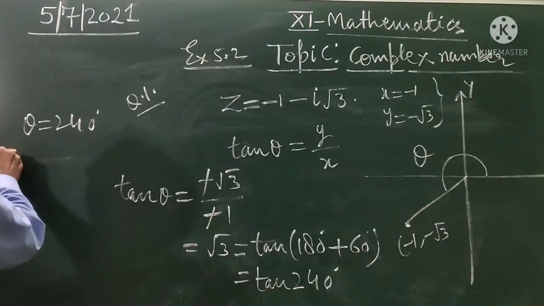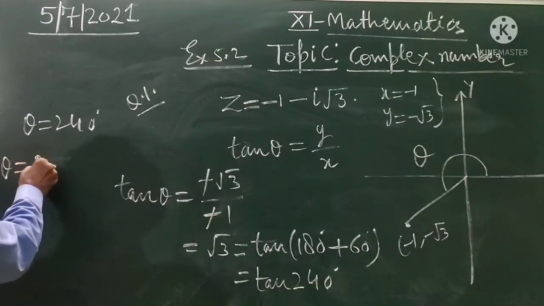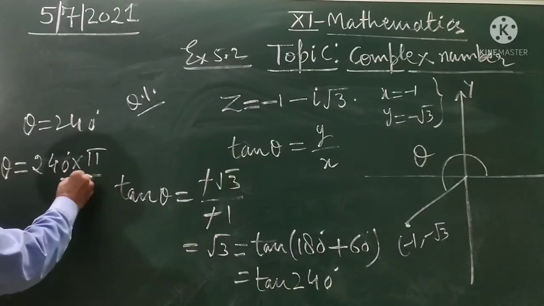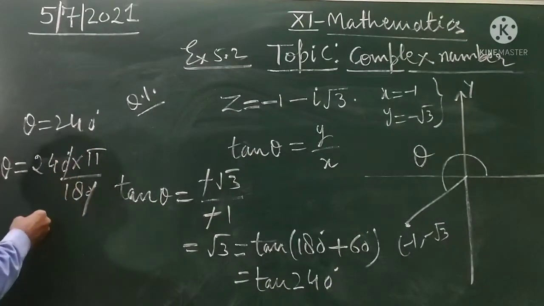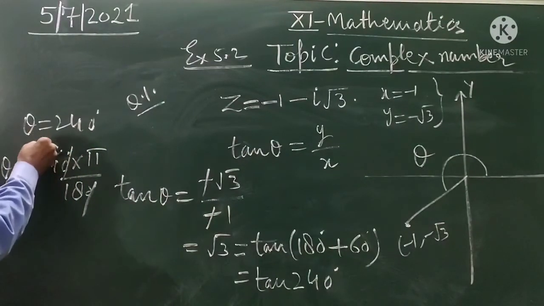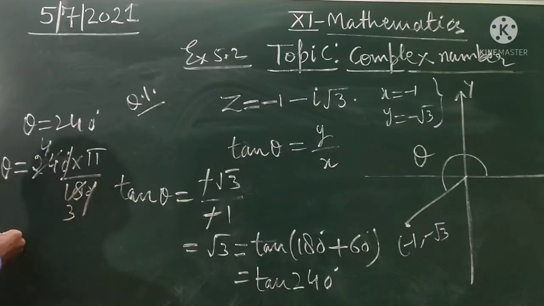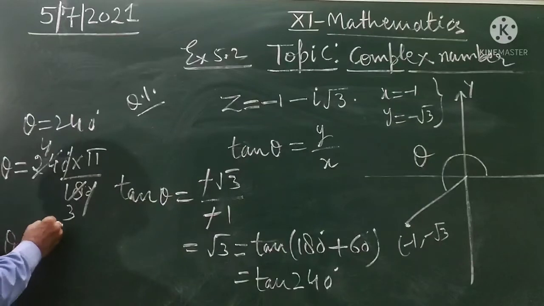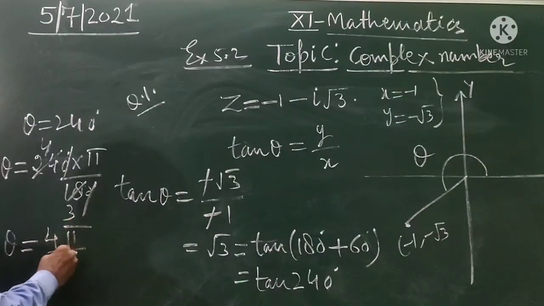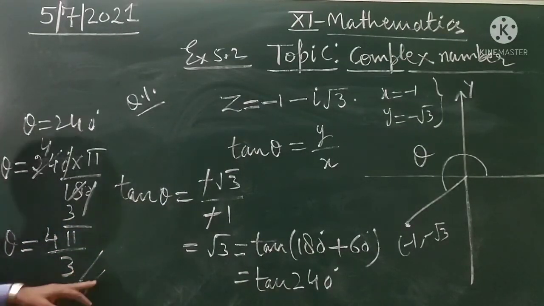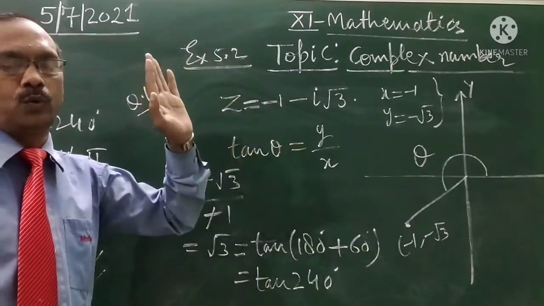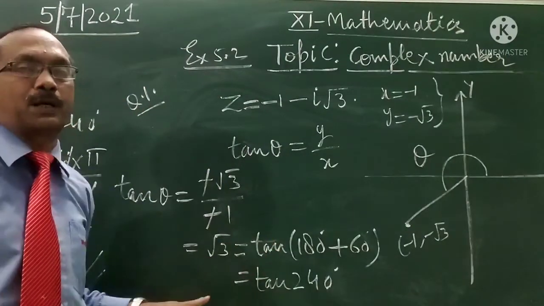If we write this angle in terms of pi, it is 240 into pi upon 180, zeros cancel, 6 fours are 24, 6 threes are 18, so it is 4 pi upon 3. My dear student, argument is 4 pi by 3 and modulus is 2. That is the solution of this particular question.